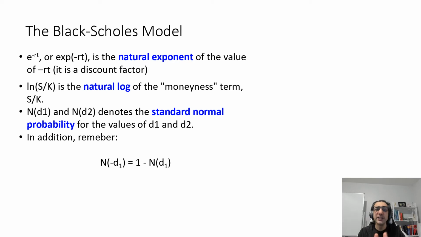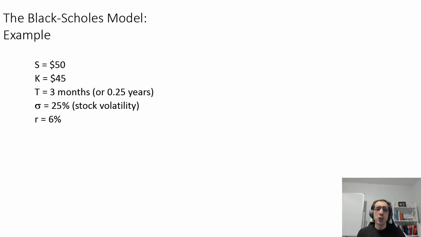Later, I will talk about how you can use Excel to calculate N(d1) and N(d2). In one of the formulas, we talk about N(-d1). And remember, N(-d1) is equivalent to 1 minus N(d1). So instead of N(-d1), it's much easier to use 1 minus N(d1), just as a reminder. So let's look at an example.